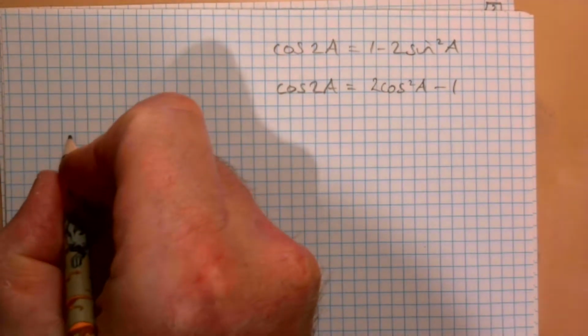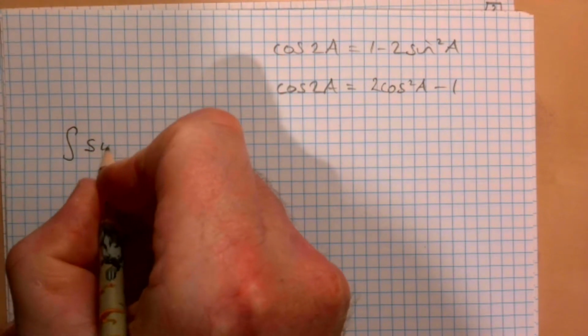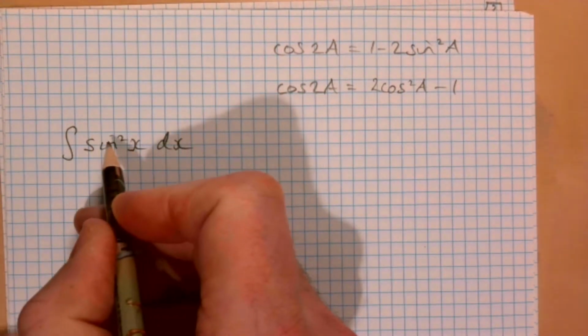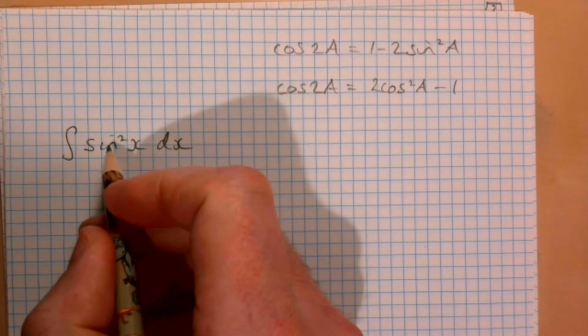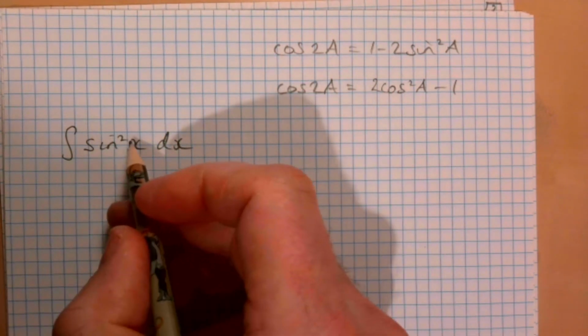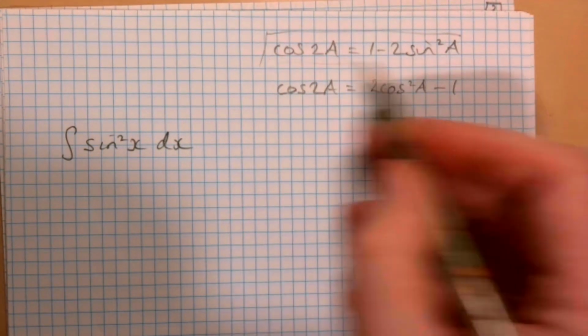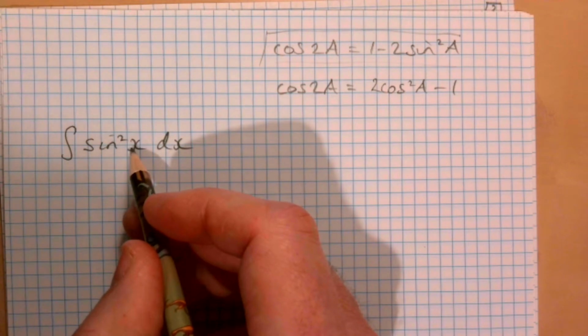If you want to integrate, let's go for sine squared x dx. As I say, integrating trig powers is complicated, so we need to do a wee cheat where we use the double angle formula for cos and rearrange it, and then it's easier to integrate.